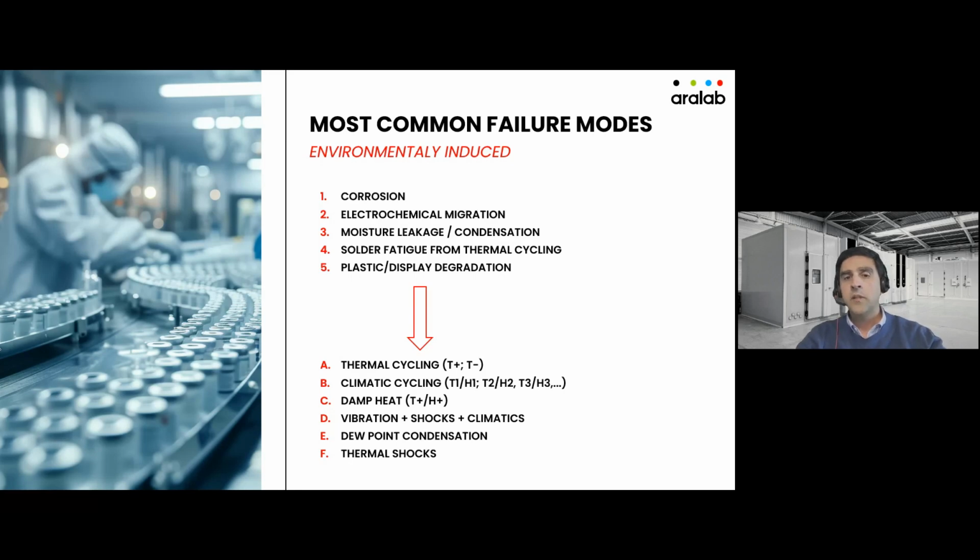Okay, so the main one, or one of the most common ones, is corrosion. So accelerated degradation of a material, of course. Then there's electrochemical migration, moisture leakage, and condensation. So this is very typical when we have very fast temperature changes, and there is a sealed container, something that may be detrimental to vapor exchange with the outside.